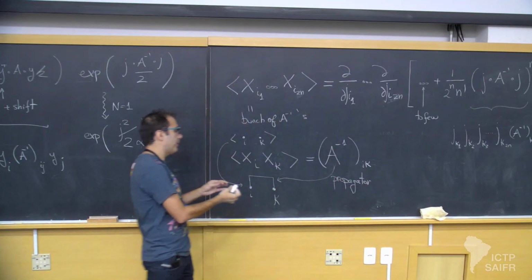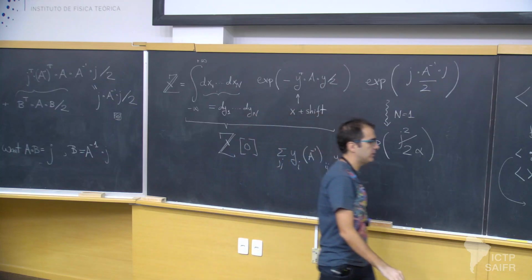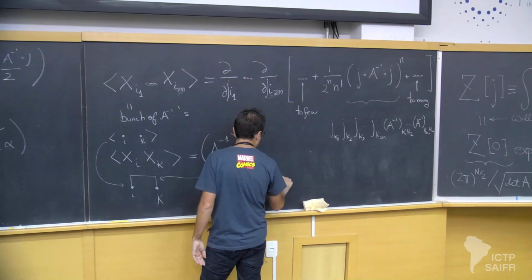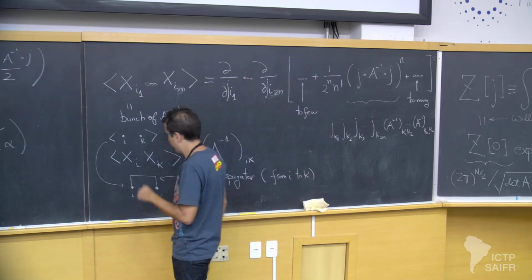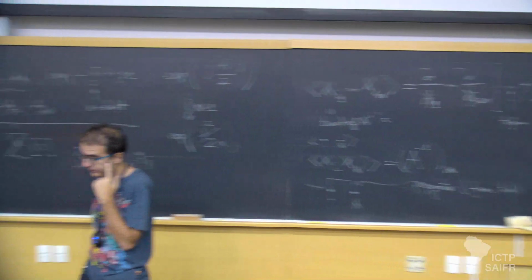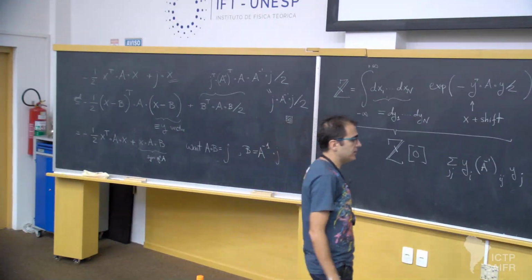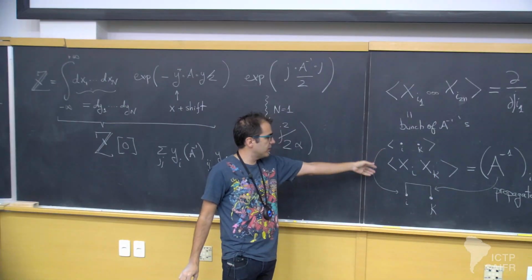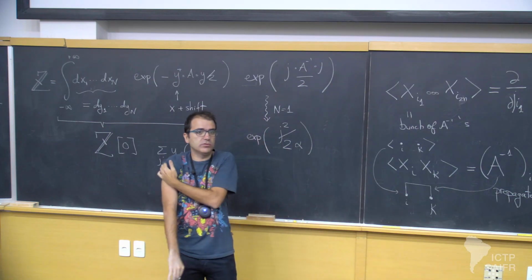It's like propagating from i to k, it connects i and k. So we use this name, propagator. It's just a name, but you can think that it propagates from i to k. Now, this is just a cartoon. You are not obliged to use it, the formula is the formula. The pictures are just definitions. I like them, but you don't need to use them, of course.